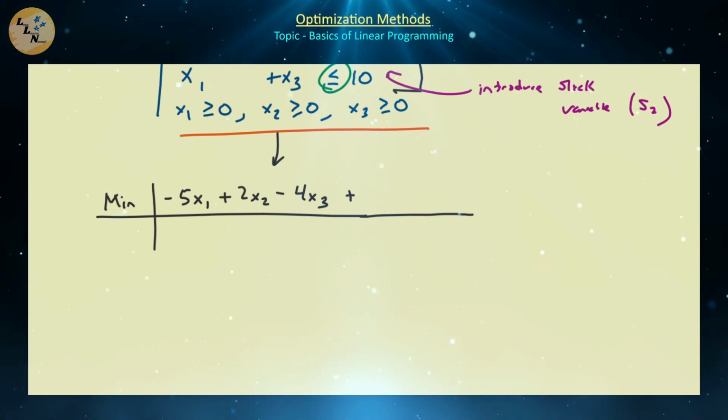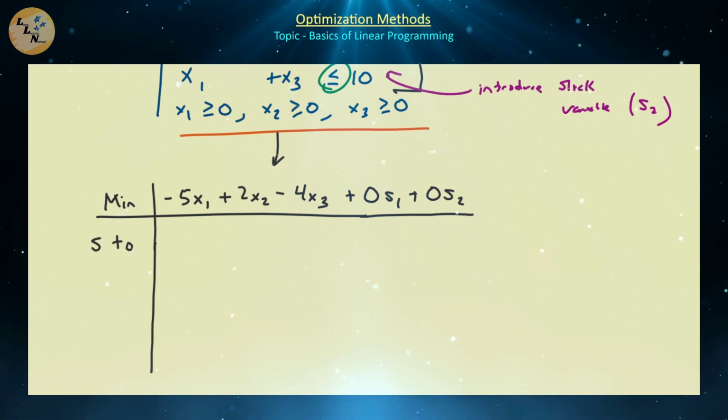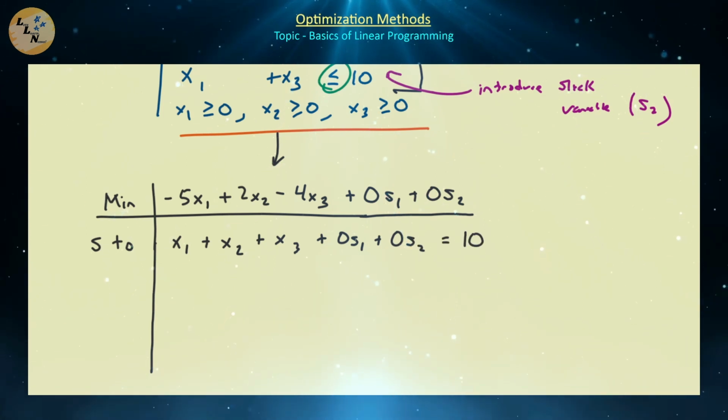But I'm going to put 0s1 plus 0s2 there, just to make my vectorization at the end a little bit easier to understand. And then, subject to our constraints, we're going to have x1 plus x2 plus x3, and then we're also going to have plus 0s1 plus 0s2. They're not in the first equation, but technically are, with coefficients of 0, and that was equal to 10.